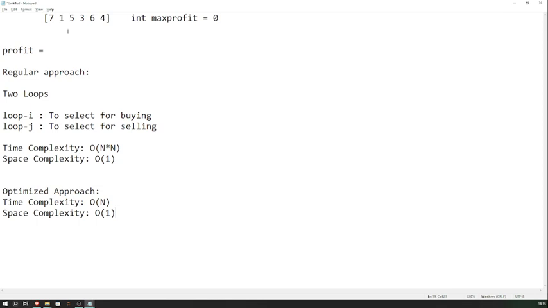We will declare a variable initially, int minimum so far, which is equal to arr of 0, the first location of our array. And we will use a single loop.